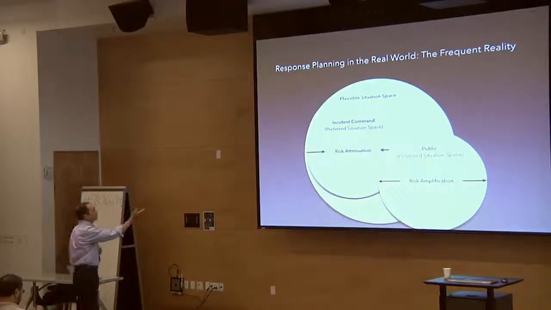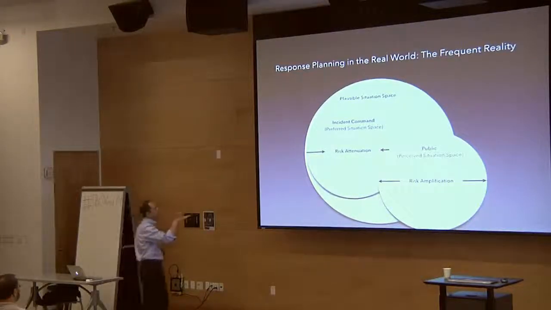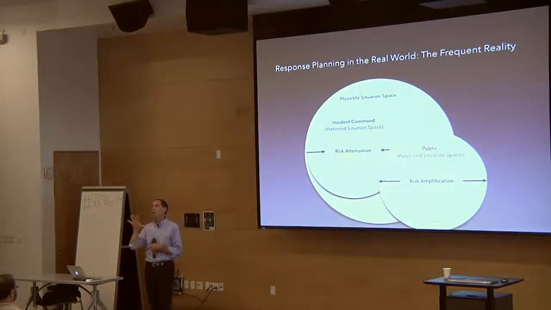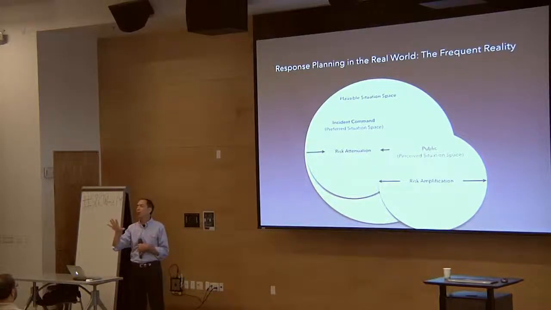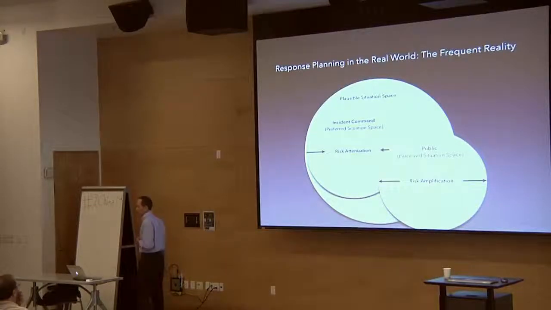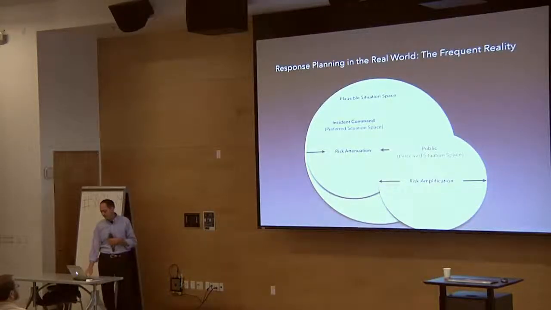So we have this tension between amplification and attenuation, and you can use scenarios as a way to bring people together to talk about and address those and develop a situation space that is appropriate for the situation. In other words, it balances the attenuation and amplification problems.